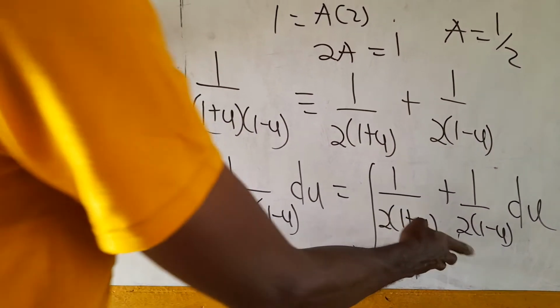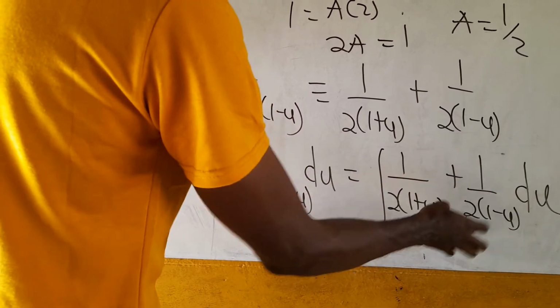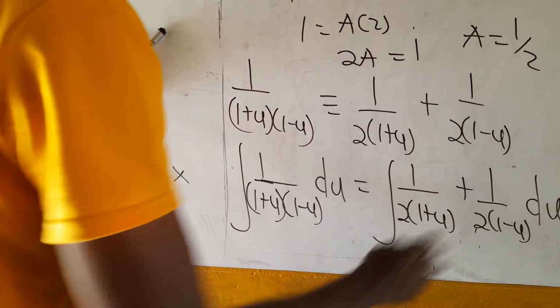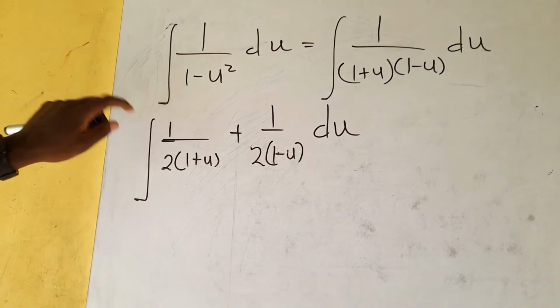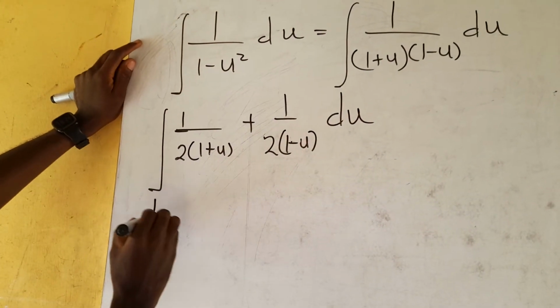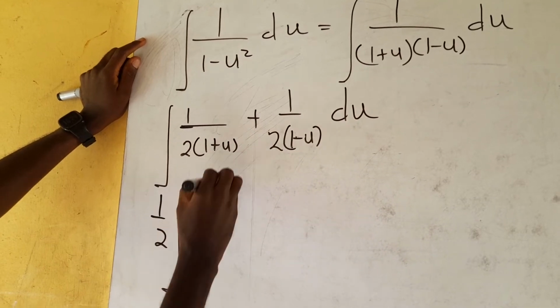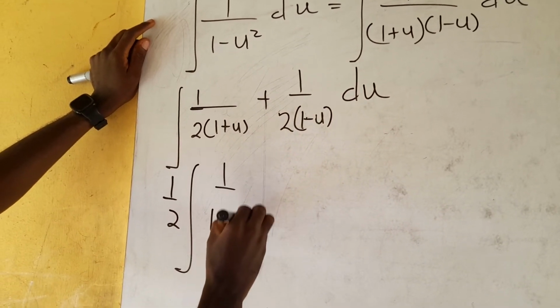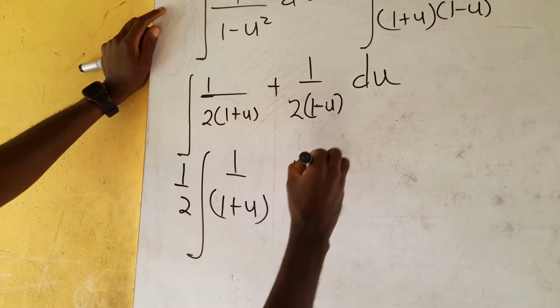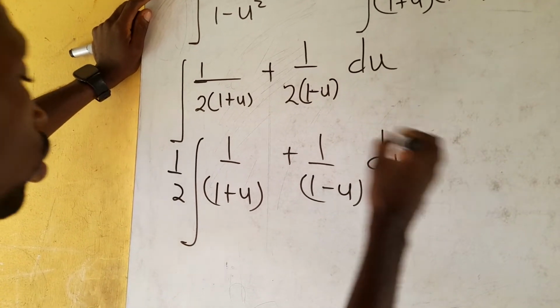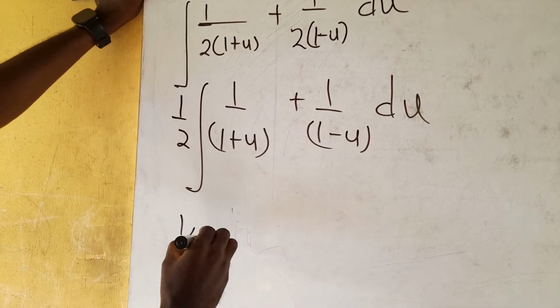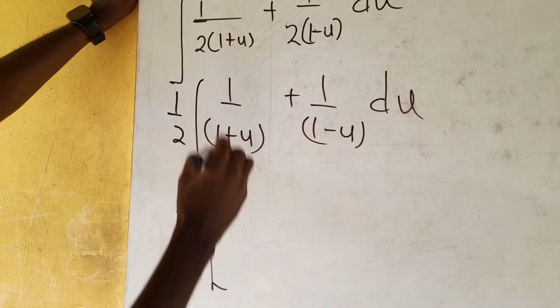So what do we do? We integrate this by pulling out the common factor. You see, half is common to them. We'll pull it out and integrate the results. So we pull half out: half times the integral of 1 over (1 plus u) plus 1 over (1 minus u) du. Now when we integrate this, what do we get?